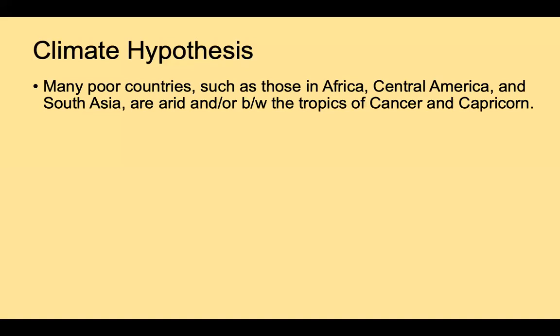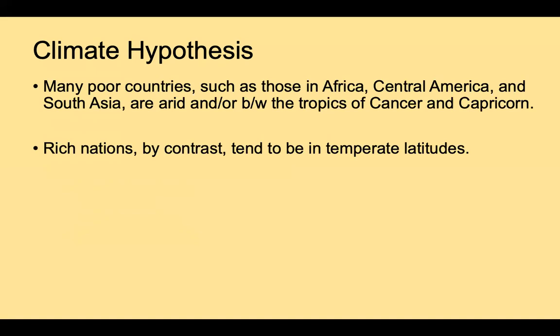So the climate hypothesis really emerged from this observation that many have had over generations, centuries, that many poor countries, such as those in Africa, Central America, and South Asia, are arid and or between the tropics of Cancer and Capricorn. So they're hot climates, as opposed to temperate climates, which disproportionately appear to be those nations that are also quite rich.